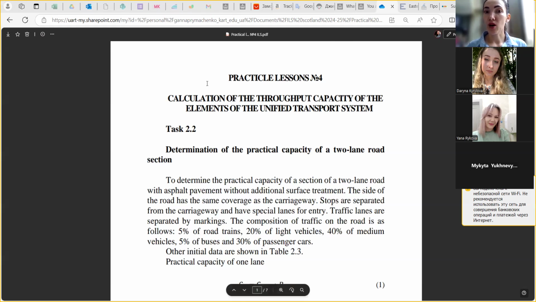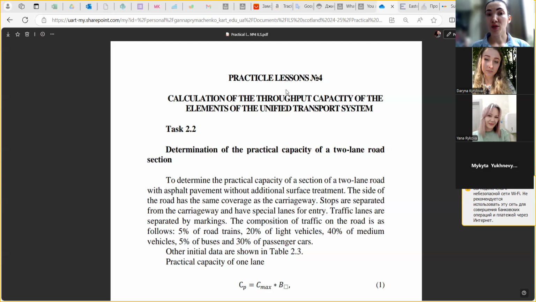Okay, it is the topic of our lesson, and today we do two tests. Task number 2.2. So now write, please, task 2.2. The topic of this test is the determination of the practical capacity of a two-lane road section. While you write, I discuss what we can do today.